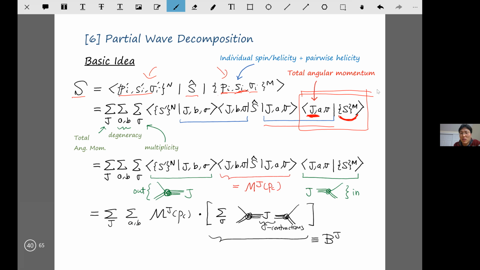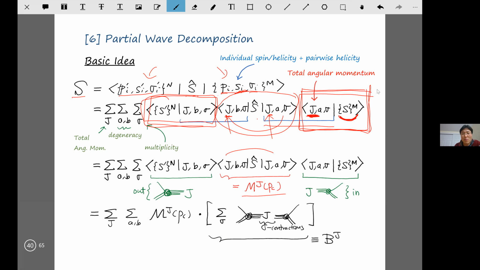This overlap is precisely the Clebsch-Gordan coefficient, but here I'm doing it for Poincaré. For the out state or final state, you have a similar overlap too. But in the middle, you have the S operator sandwiched between eigenstates of the total angular momentum. You'll notice that this is nothing but the S matrix with a particular total angular momentum in the in state or out state. This is what encodes the dynamics, which I called the reduced matrix element M_J.